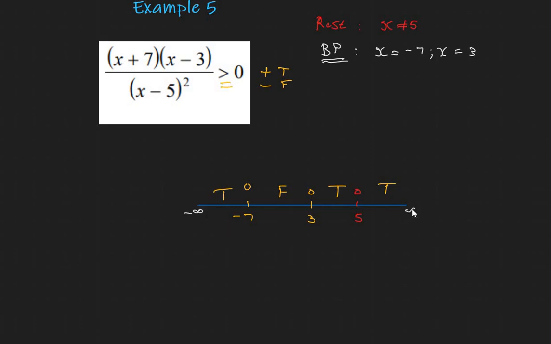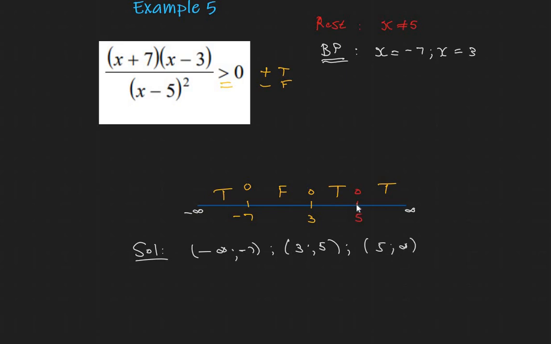And that is from negative infinity to minus 7, no inclusive here, as we said. And then the other region that's true is from 3 to 5. And then the other region that is true is from 5 to infinity.